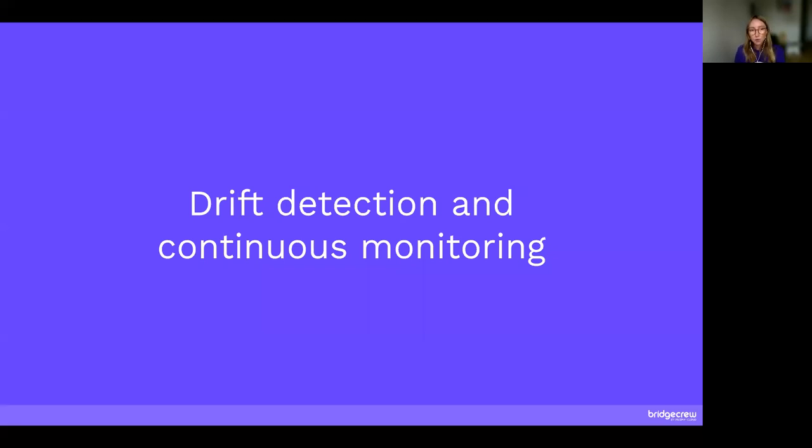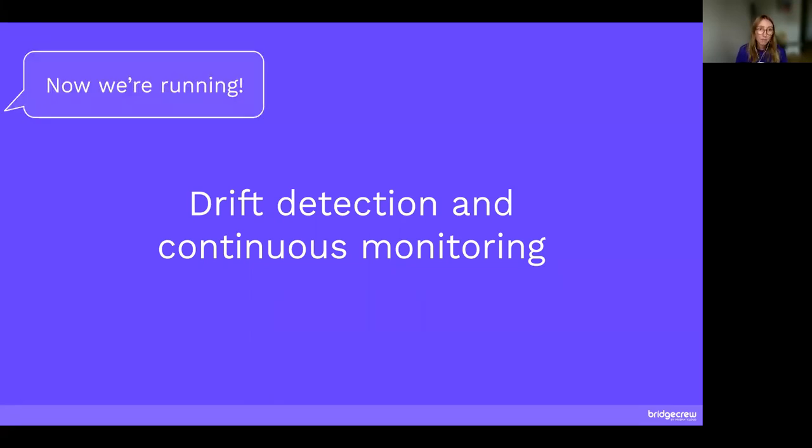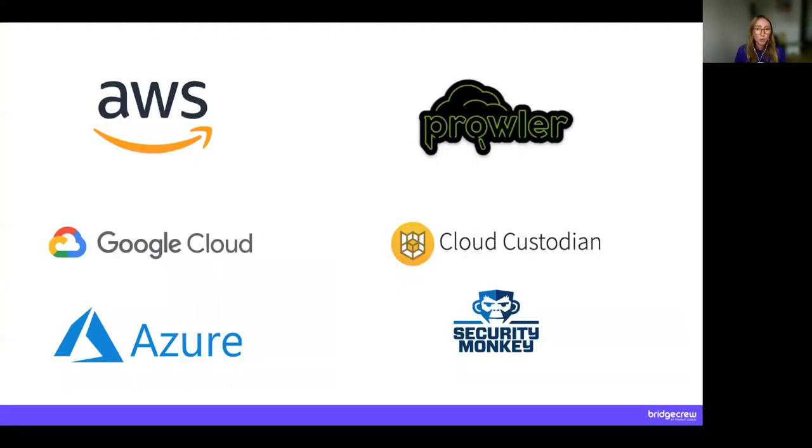So lastly, we'll talk about drift detection and continuous runtime monitoring. Now we're in runtime. Shift left security is all about not doing security monitoring in runtime, but it's still important. Drift detection and getting that continuous monitoring is super important.